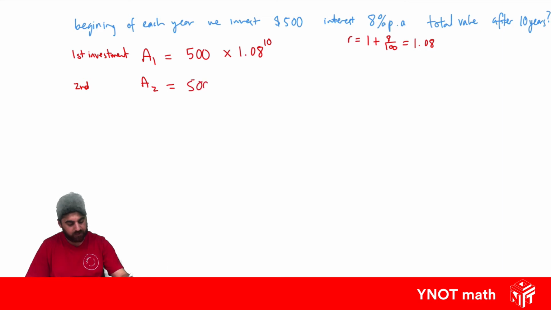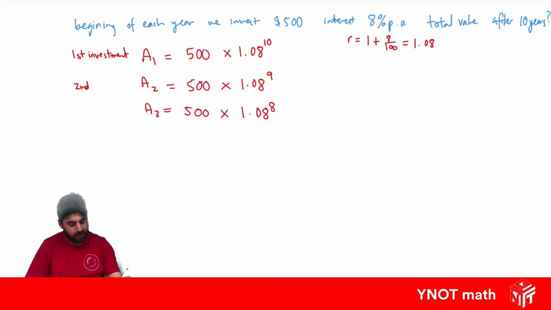So we're going to make a $500 investment. It's also going to earn interest, but that second investment is only going to earn interest for 9 years because we're investing at the beginning of the second year. Our third investment of $500, that's going to earn interest for 8 years.